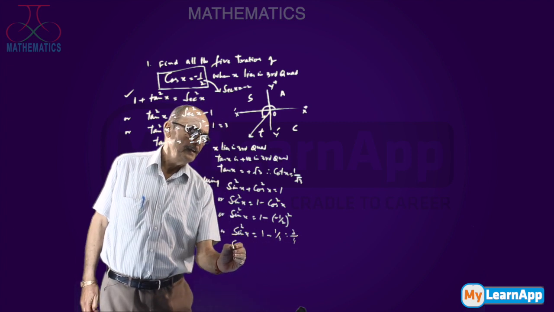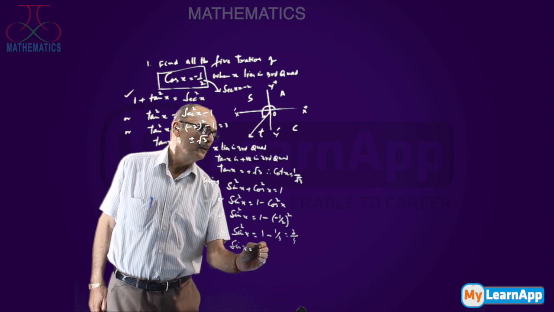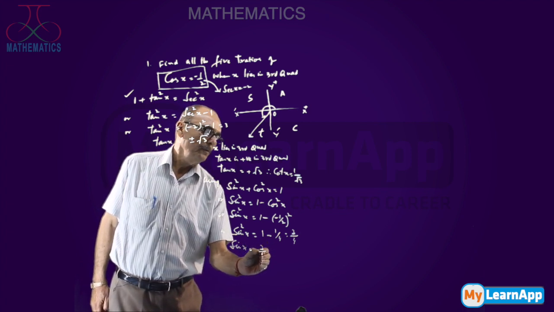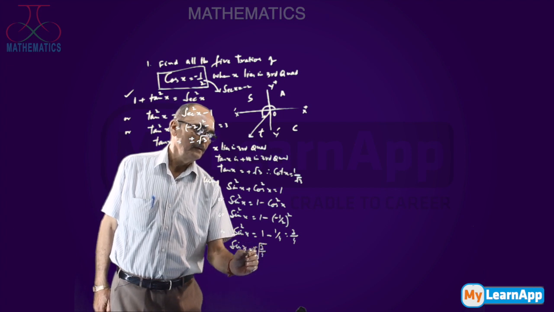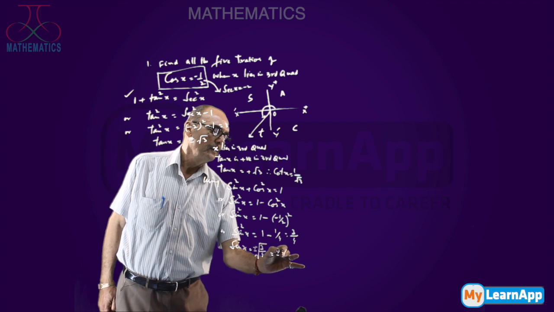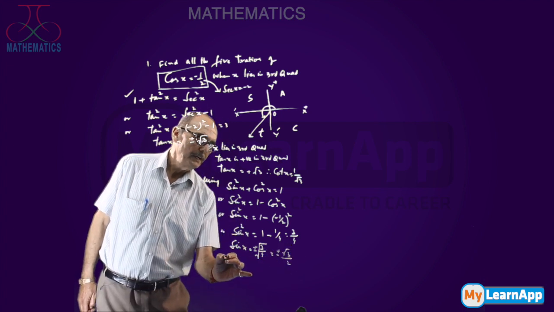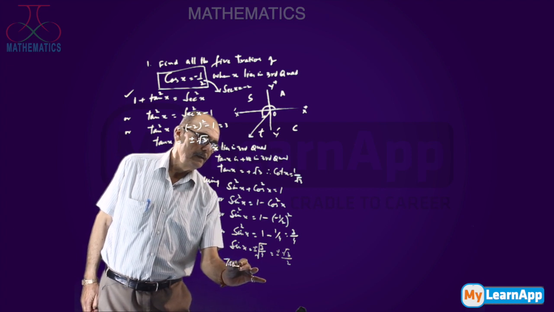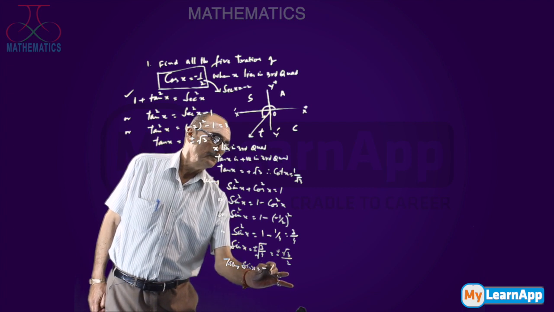So, therefore, sin x is square root of 3 by 4 with plus minus sign, equal to plus minus root 3 by 2. Now taking sin x equal to minus root 3 by 2.